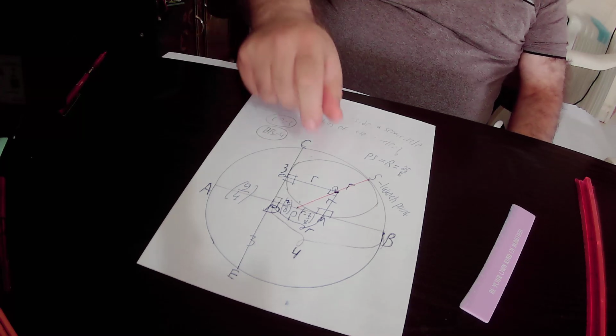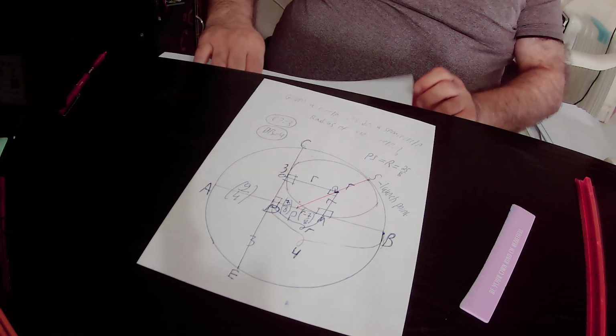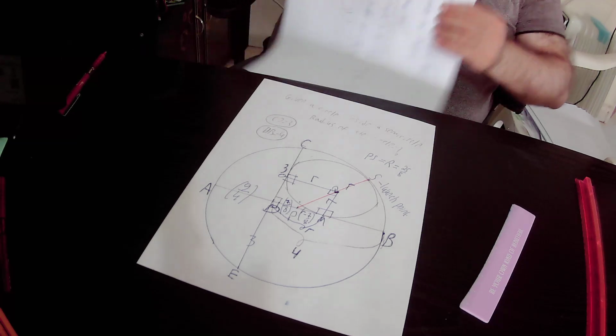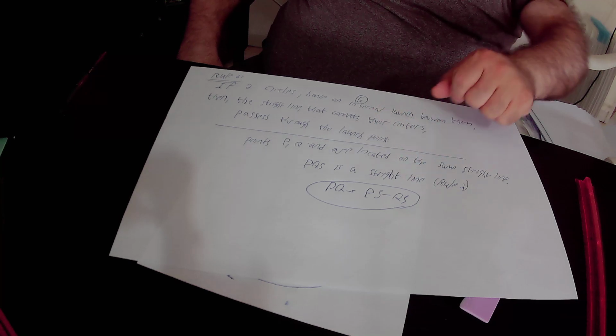I'll repeat again, PQ equals PS minus QS. Okay? Here PQ equals PS minus QS.